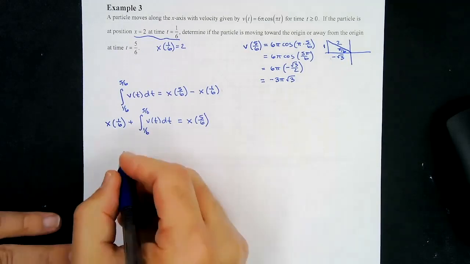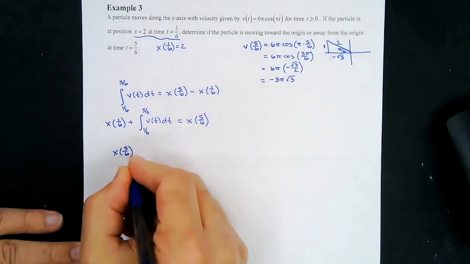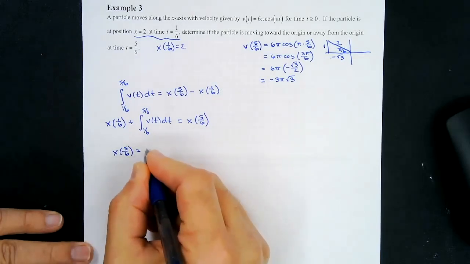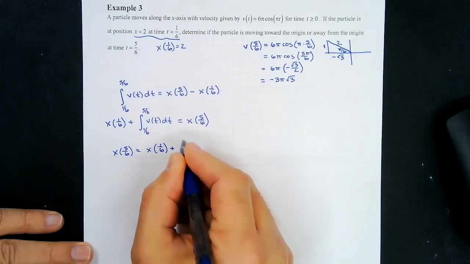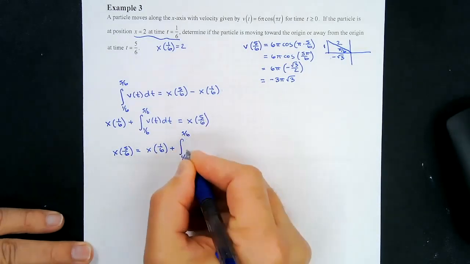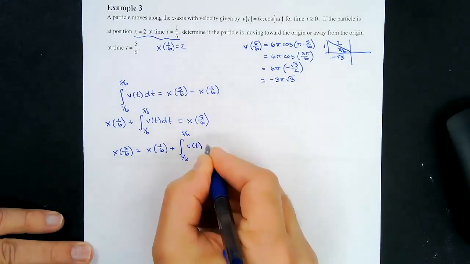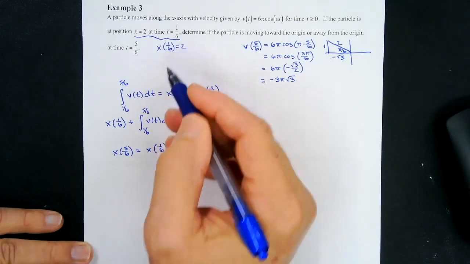So x of 5/6 is equal to x of 1/6 plus the integral from 1/6 to 5/6 of v of t dt. Now x of 1/6, we got that. That's 2.